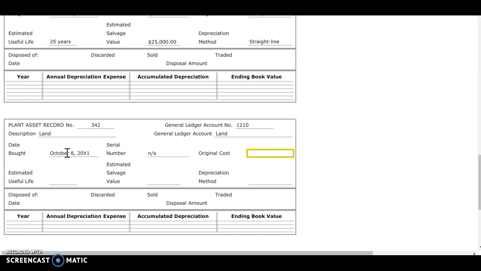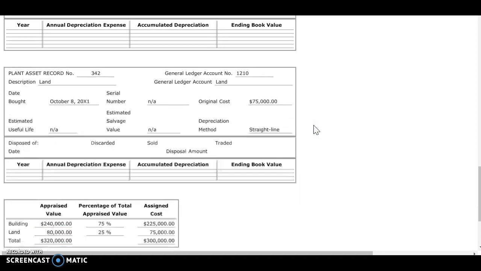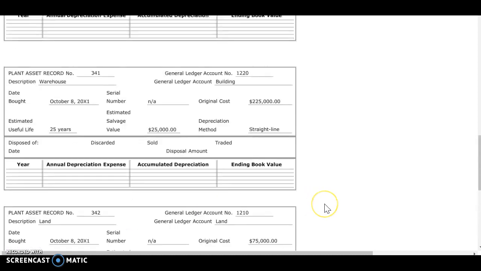No serial number. The original cost is $75,000. Estimated life. Remember, for land, it does not depreciate. So that's NA. Same with the salvage value. And then the depreciation method is going to be straight line. Okay, we already filled that out from before.